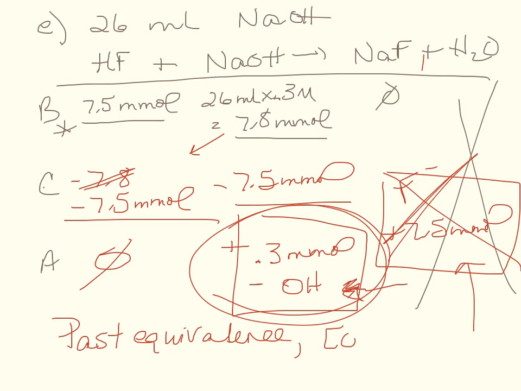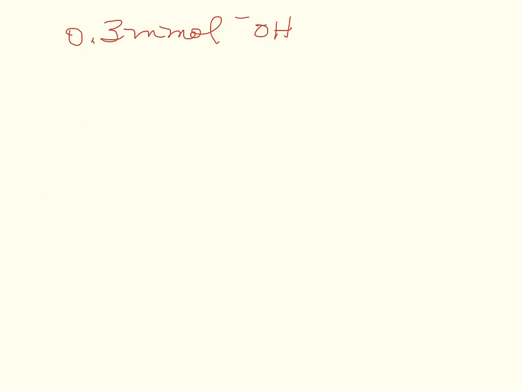So concentration of the pure hydroxide is all that you care about past the equivalence point. So remember that we have 0.3 millimoles of hydroxide left. So in order to calculate pH, we need the concentration of hydroxide, and we have moles here. Okay, so we have to divide by the total volume.